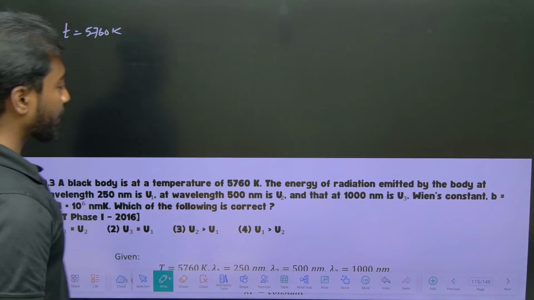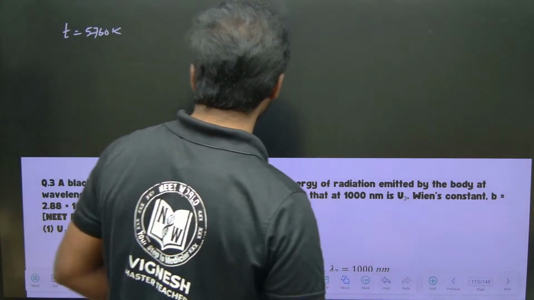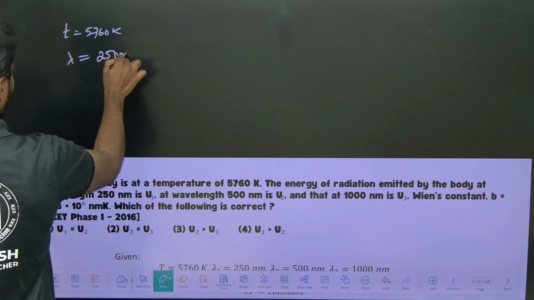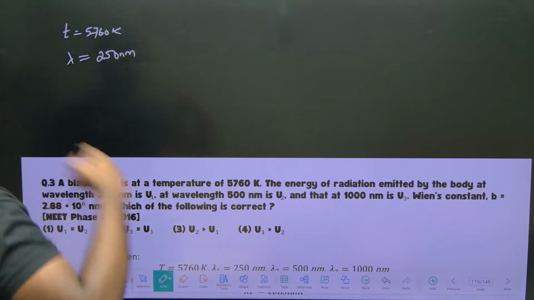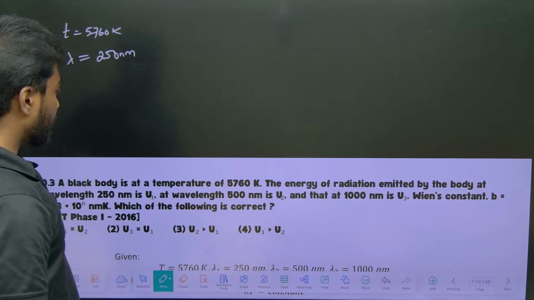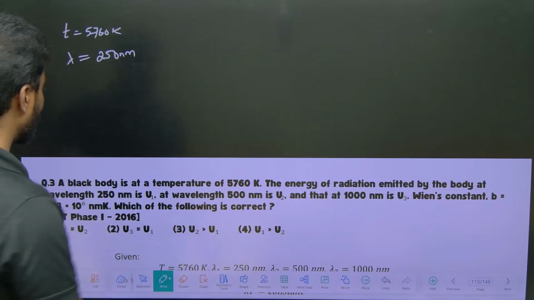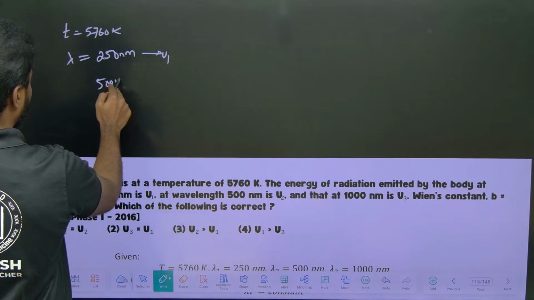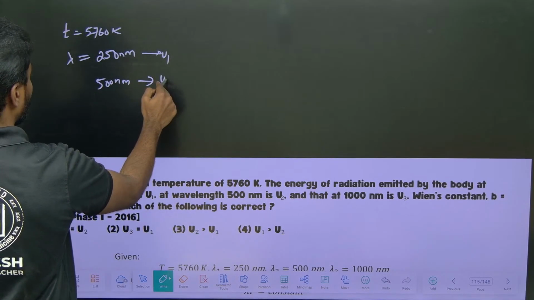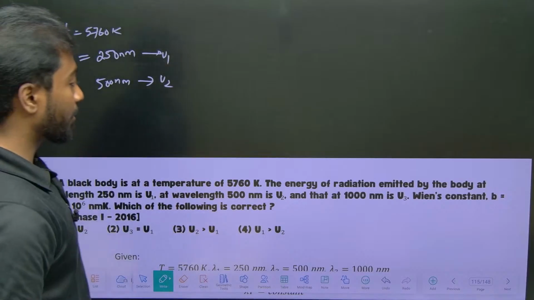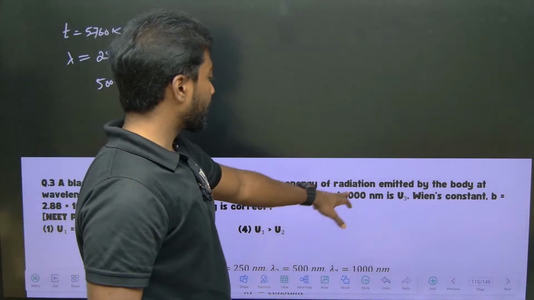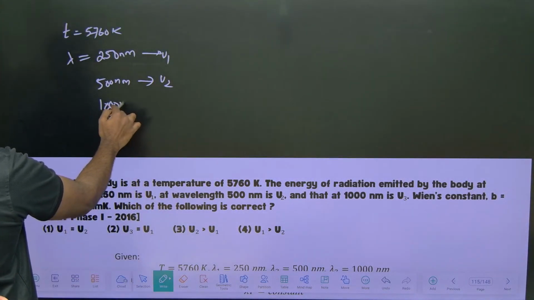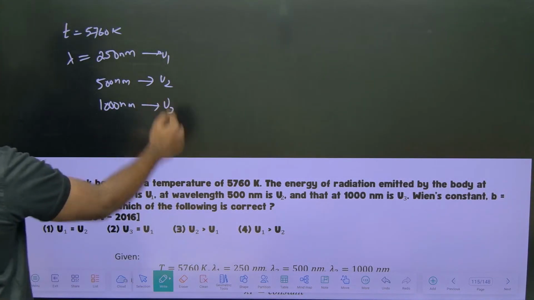The energy of the radiation emitted by the body at wavelength lambda equal to 250 nanometer is U1, at a wavelength of 500 nanometer is U2, and at 1000 nanometer is U3.